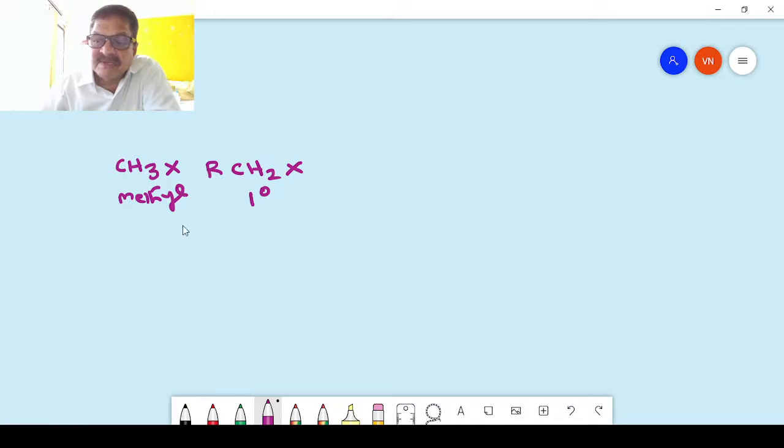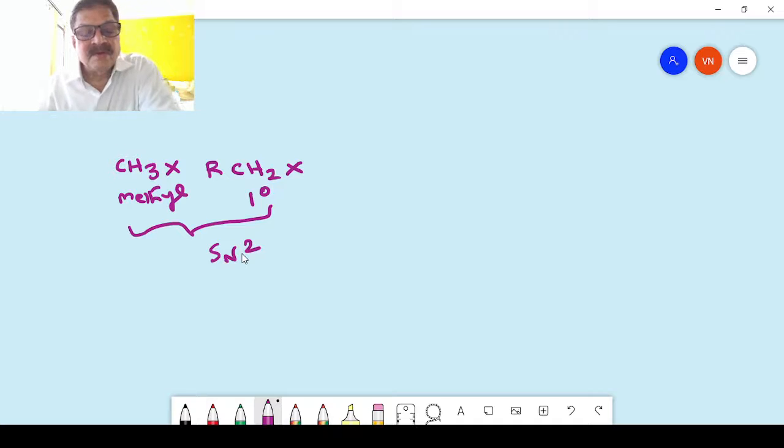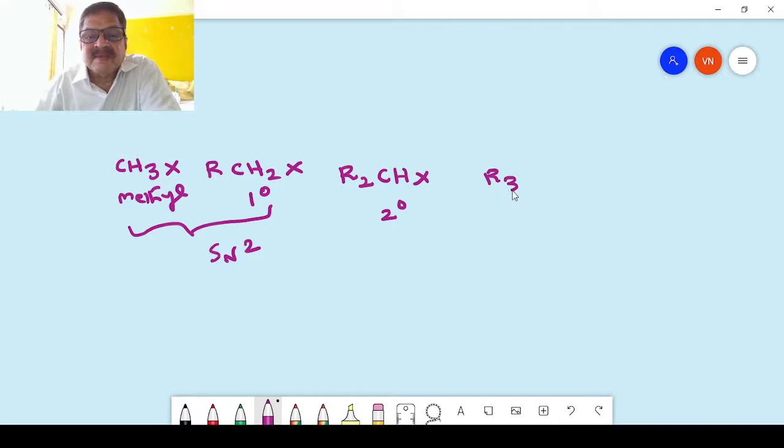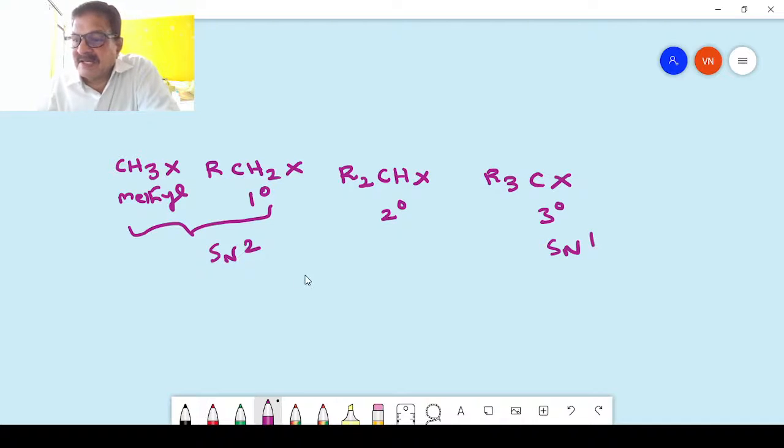These two give only Sn2 reactions. Now R2CHX, this is the middleman, the secondary one. Then we have R3CX, the tertiary one, which gives only Sn1 reactions.